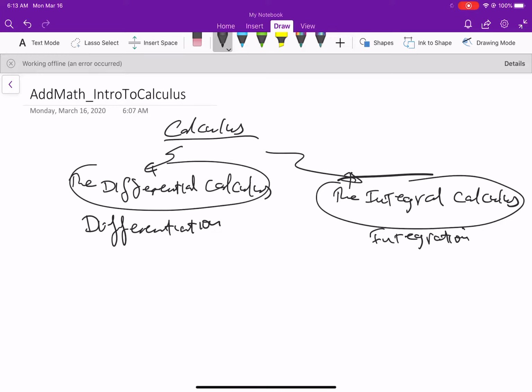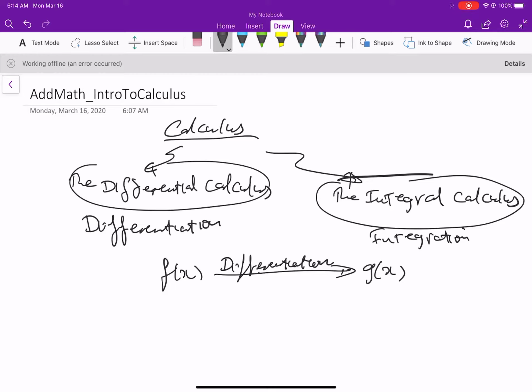So let's assume that we have a function f of x, and you perform the process of differentiation on that function. You might end up with some other function. Let's call it g of x, whatever this process of differentiation entails.